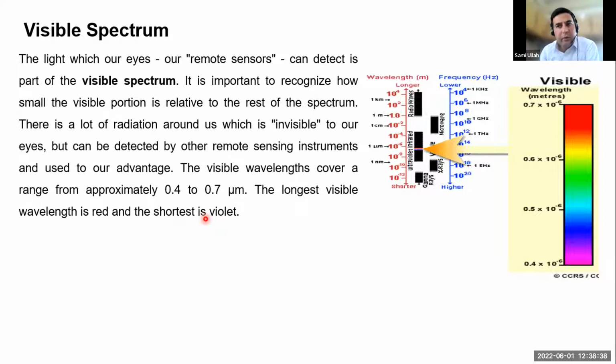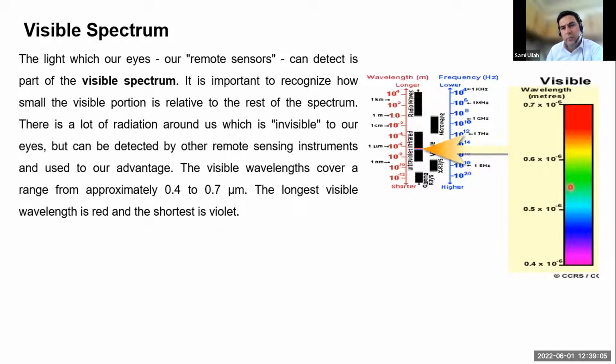But we can develop a sensor that can detect infrared radiation, which cannot be seen by the human eye. Even for microwave, we can develop a sensor to detect it. So that's the meaning of saying that we can only see the visible spectrum.